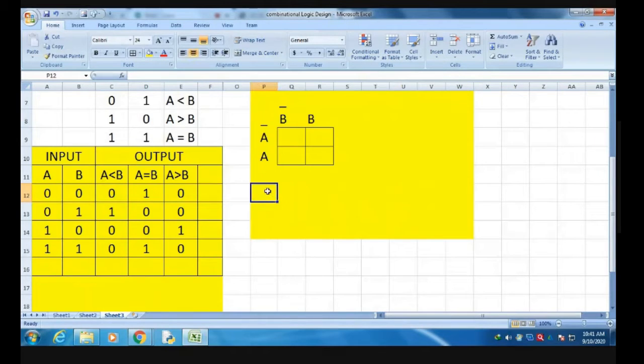Now I am going to write the equation for A is less than B. Tell me the equation. 0, 1, 0, 0.